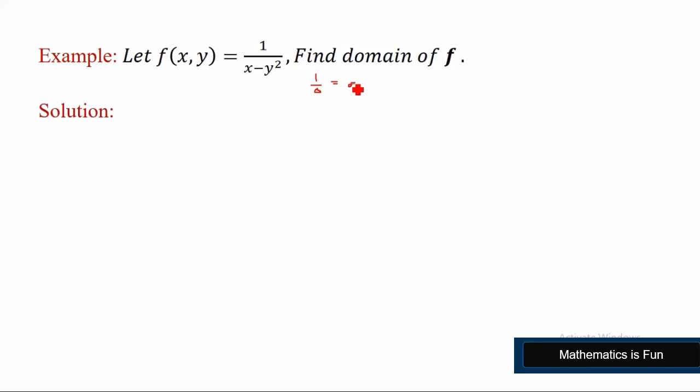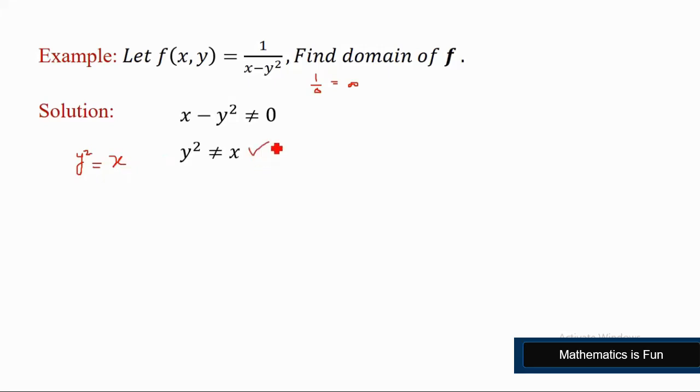The function is undefined. So here the term x minus y square should not be equal to 0. So we can write it as y square is not equal to x. So this is totally related with the equation of parabola y square is equal to x.